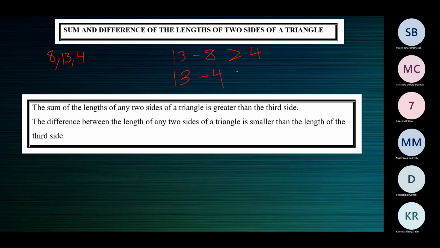Then the other side is 8. Are we getting a less than or greater than sign? A greater than sign, because 13 minus 4 is 9. And what are the other two sides? 8 and 4. 8 minus 4. And what's the third side then? 13. Here it is less.